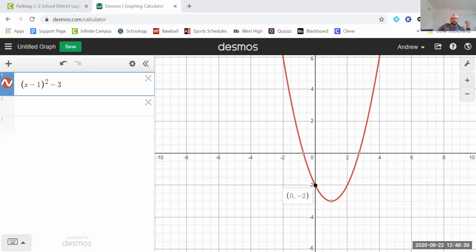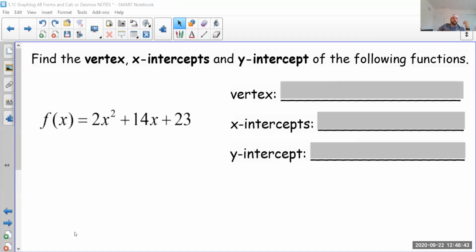All right, I want you guys to do this example here. Everybody do this example. I want you to find, for this equation, the vertex, its x-intercepts, which should be 2, and the y-intercept. Go ahead and do that, using whatever calculator you want to use.